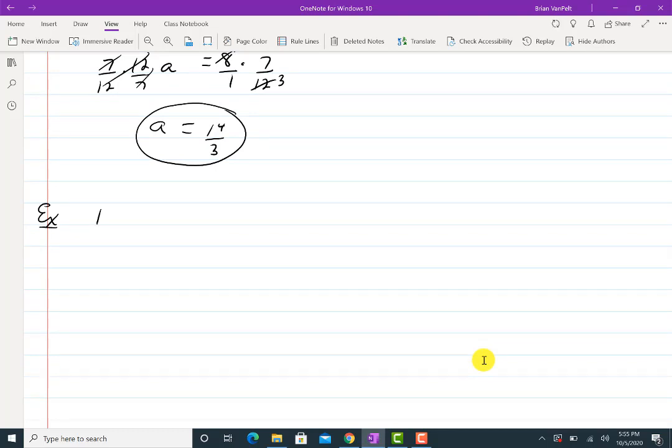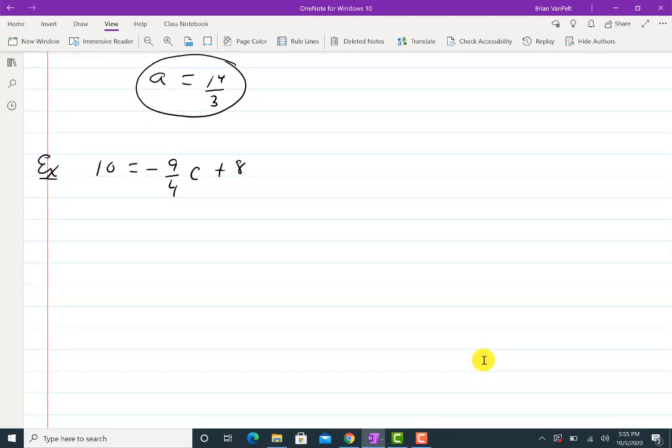Next, I have 10 equals negative 9/4 c plus 8. Let me subtract 8. Subtract 8. So I'll get 2 equals negative 9/4 c. Now to get c by itself, I want to multiply by 4/9.